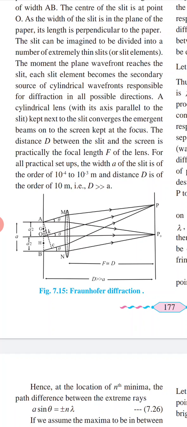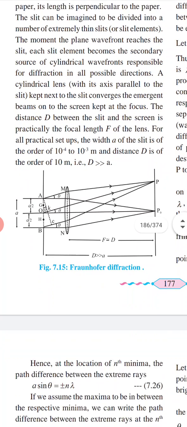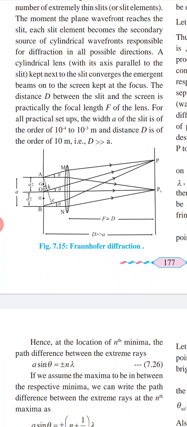This discussion can be extended to points on the screen having path difference 2 lambda, 3 lambda up to n lambda between the extreme rays reaching them, and it can be seen that these points will be dark and hence will be the positions of dark fringes.